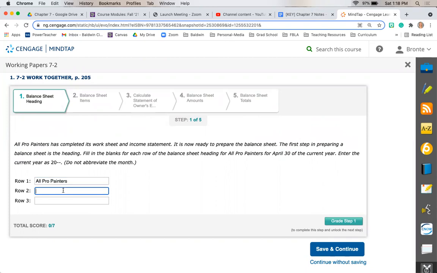The second thing is to put the name of the statement. In this case, we are preparing a balance sheet. Then we're going to do our date, and we're just going to list it as is. So April 30th, 20 --.